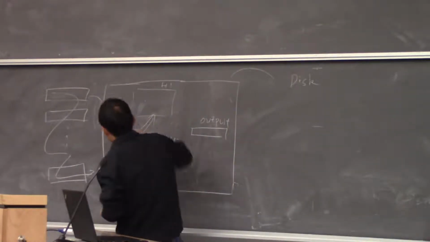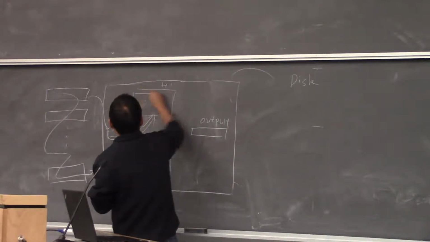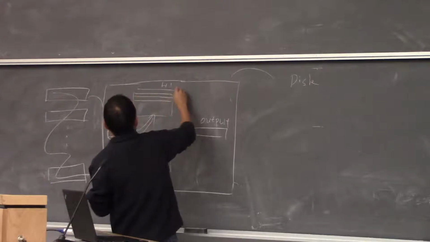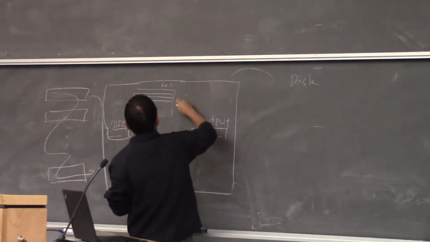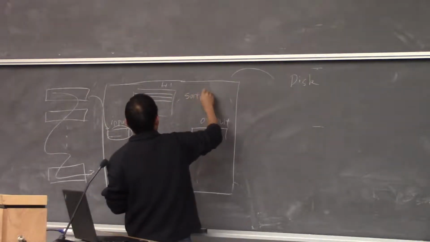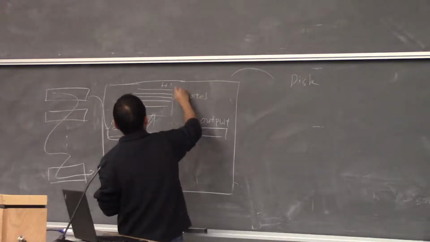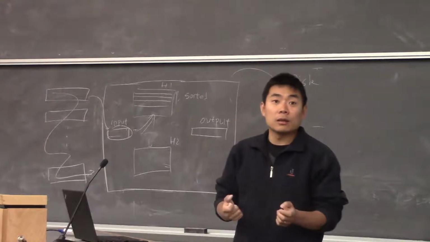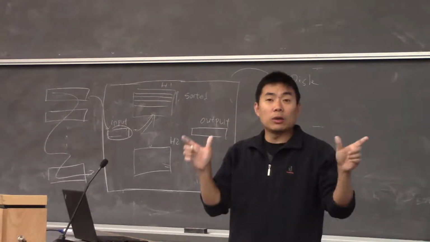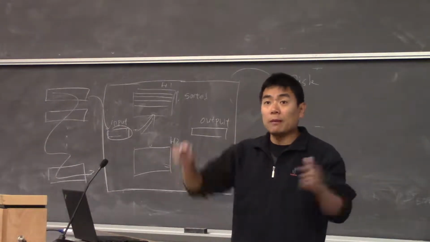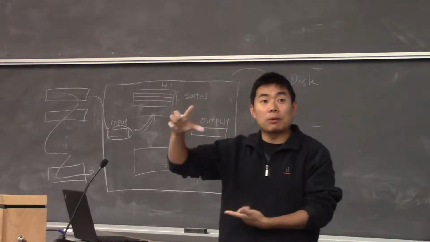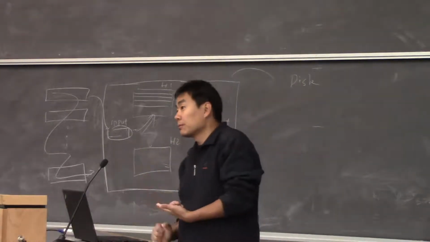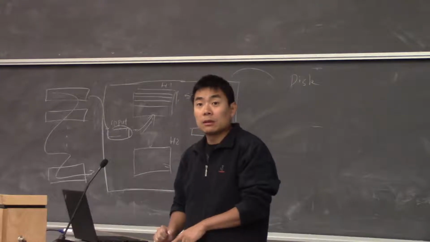So this becomes empty, and these elements become sorted. Do you follow me? Initially, they were not sorted in the page you load them in, but now once you push them into the H1 heap, they become sorted. Now clear?